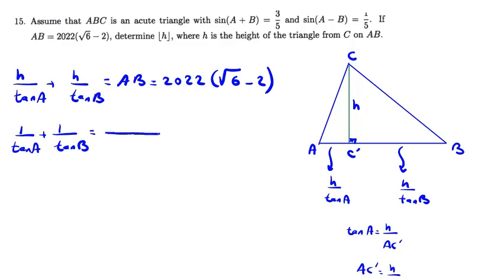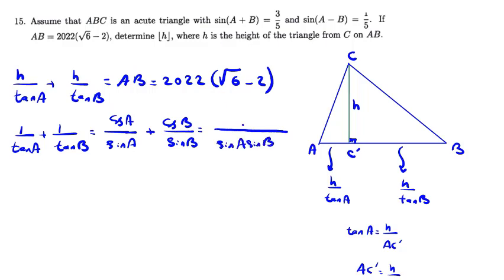Let's write tangent A as sine A over cos A, so we write cos A here. 1 over tangent B is cos B over sine B. So if we use a common denominator, it will be cos A sine B plus sine A cos B over sine A sine B.